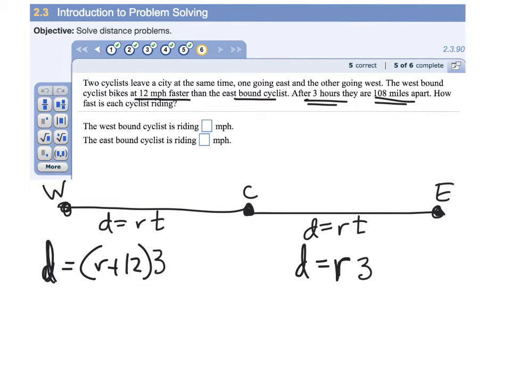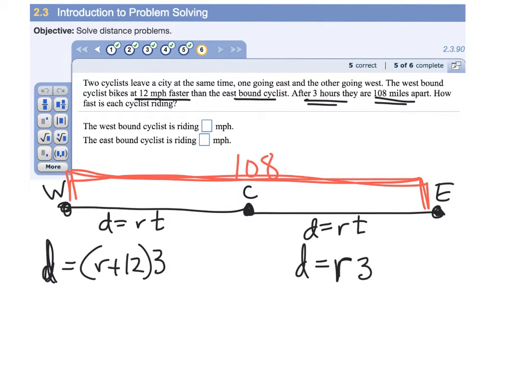So then we can fill in the rest of the equation. So d is equal to, here's the westbound rate times time, and d is equal to the eastbound rate times time. And we're told that if you add these two distances together, you should get 108 because it says so right here.